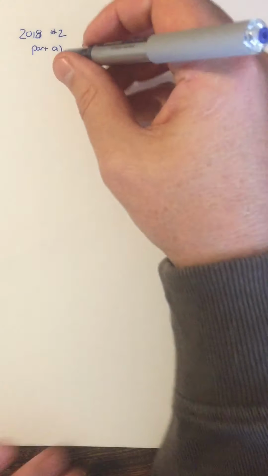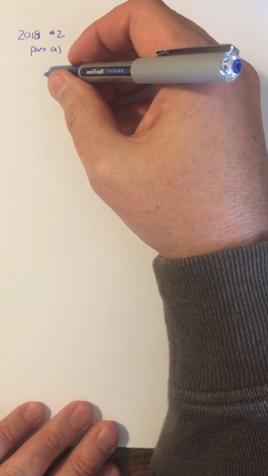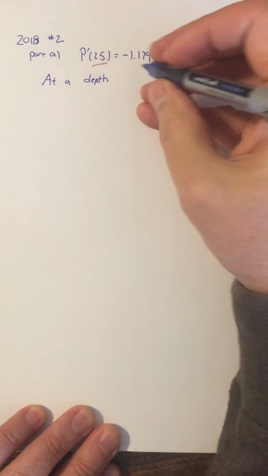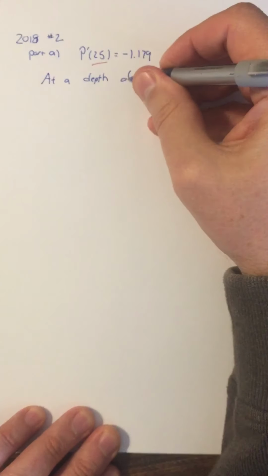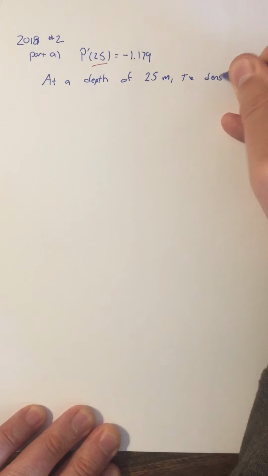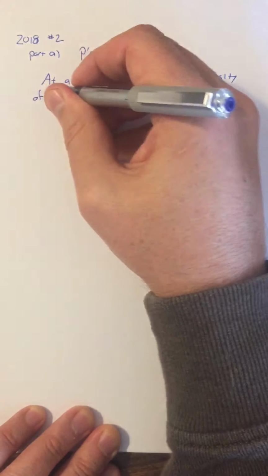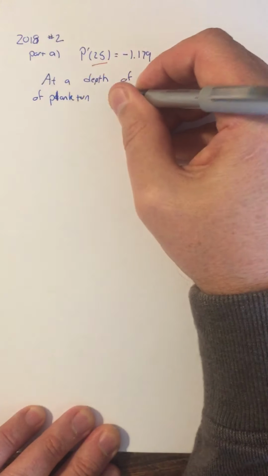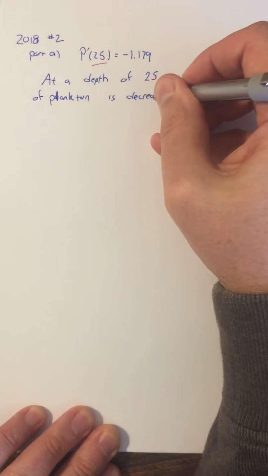One way to say that would be, because we have to reference the number where we're evaluating the derivative: at a depth of 25 meters, the density of plankton is decreasing.